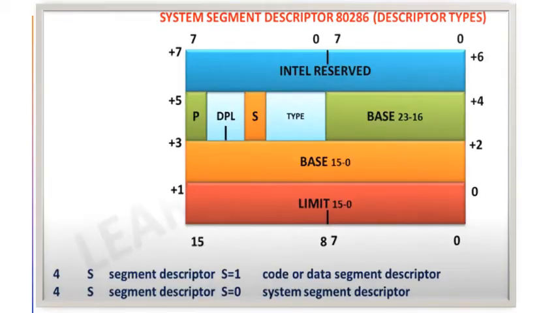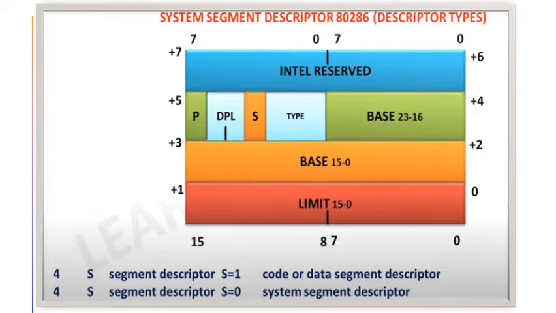Next, we will discuss the system segment descriptors of the 80286 processor. The protected mode of the 80286 states the system segment descriptor, which contains a table of descriptors, that is the local descriptor table, and segments which hold the execution state of a task.